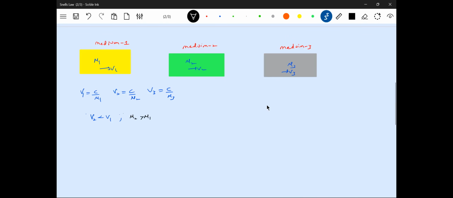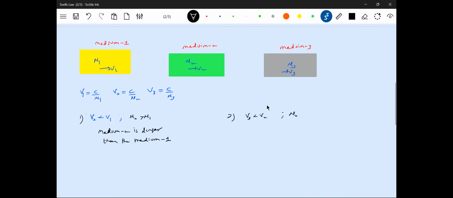So I can put a condition that, based on this, medium 2 is denser than medium 1. I'll put a further condition: let v3 be less than v2.